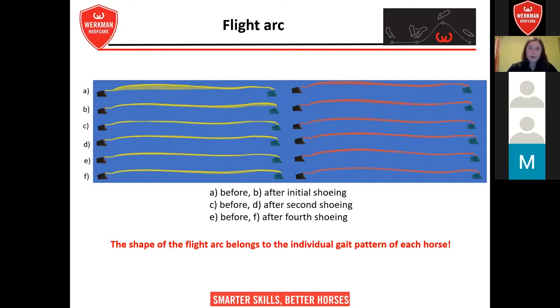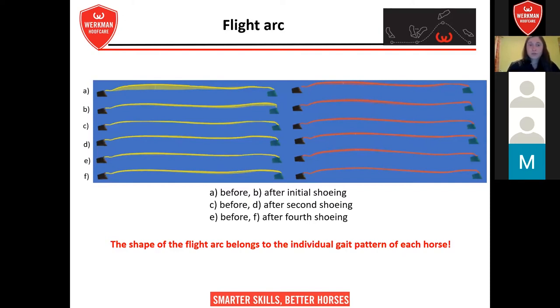If you compare the curves, you see the flight arc is more or less staying absolutely the same, independent from the shoeing or the time. It doesn't matter which month or which day. So the flight arc stays more or less the same. This means the flight arc also belongs to the individual gait pattern of each horse.